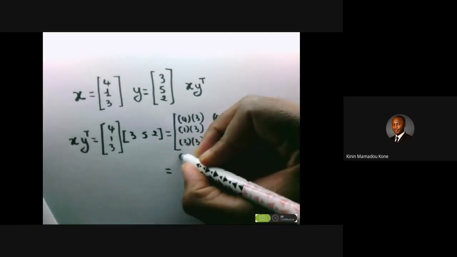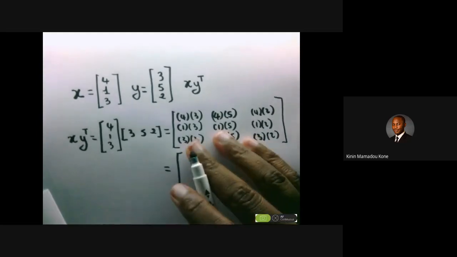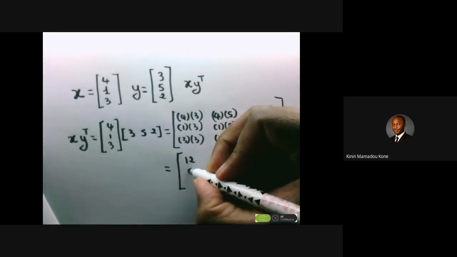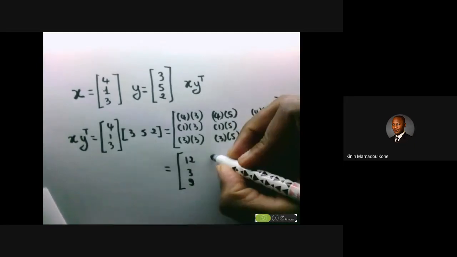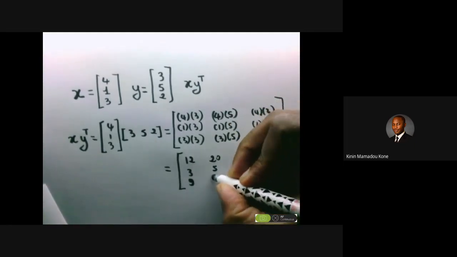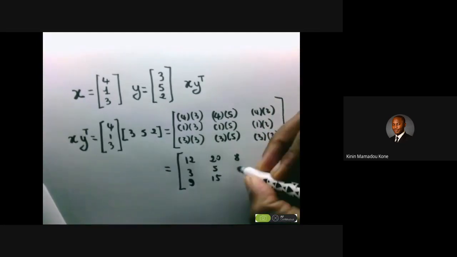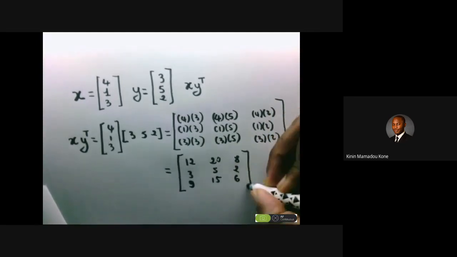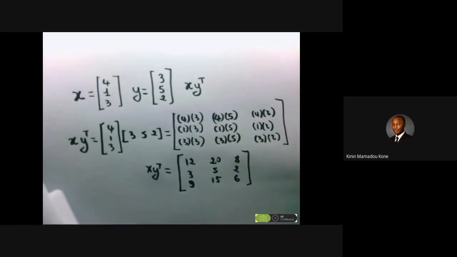Now we're calculating the final result. So 4 times 3 is 12, 1 times 3 is 3, 3 times 3 is 9. And here 20, 5, and 15. Here 8, 2, and then 6. So the outer product of this is this given matrix.